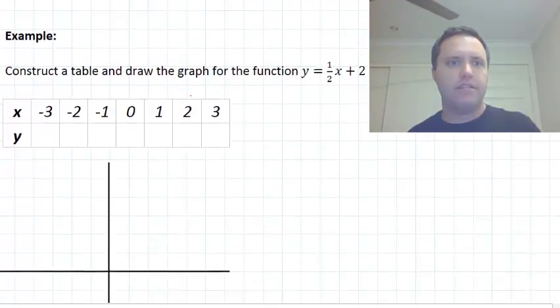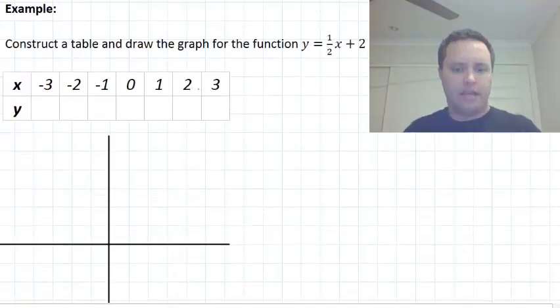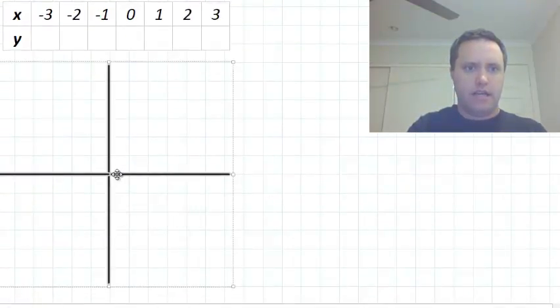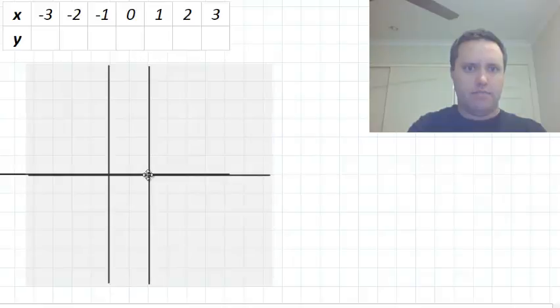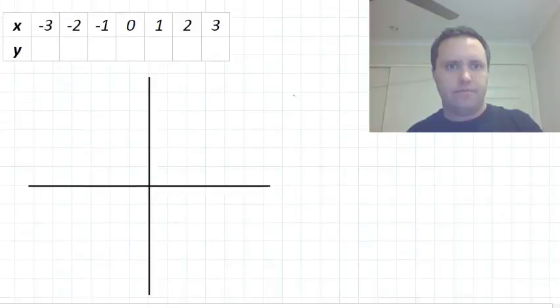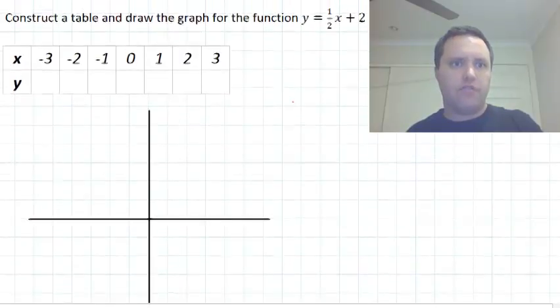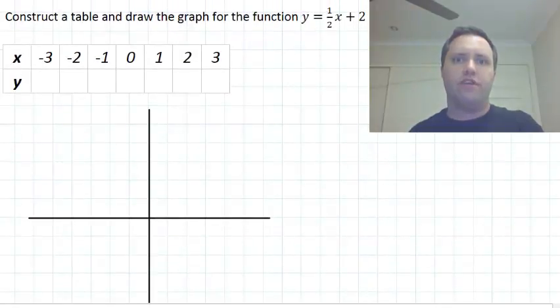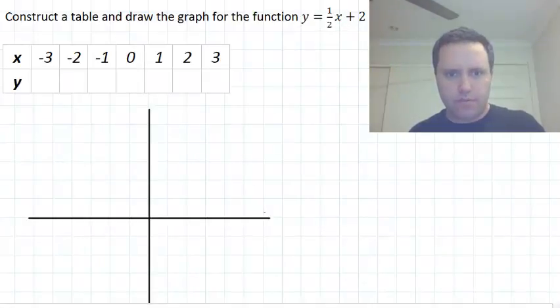All right, let's have a look at an example of what this looks like. Let me just move my axis out here a bit. There we go. So we've got: construct a table and draw the graph for the function y equals half x plus 2. So this is my y-axis and my x-axis.